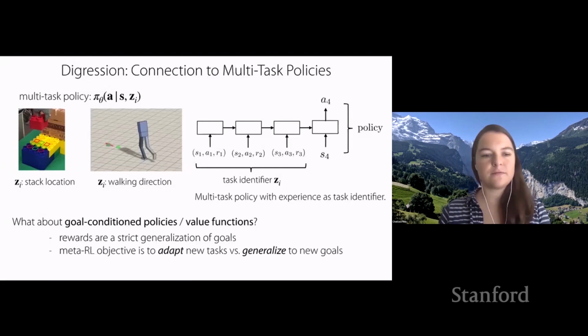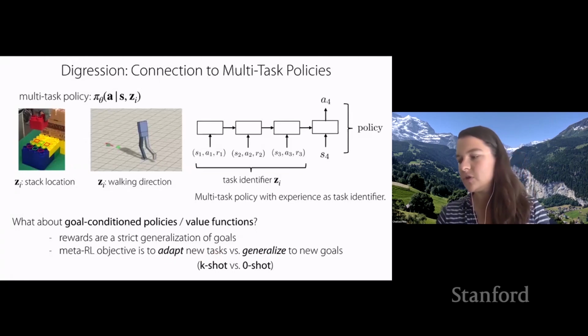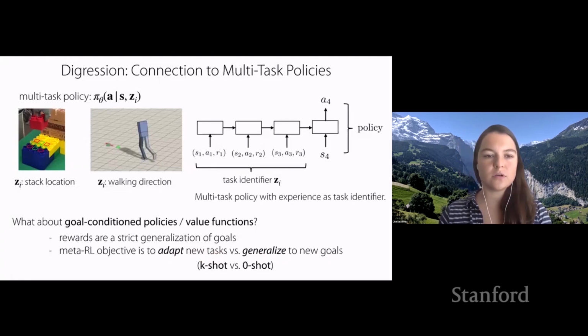The other way to view this difference between meta-RL and goal-conditioned RL is that in the meta-RL objective, your goal is to adapt to new tasks versus generalizing to new goals. So it's the difference between K-shot learning to new tasks and zero-shot generalization to a new task given a low-dimensional identifier of that task.